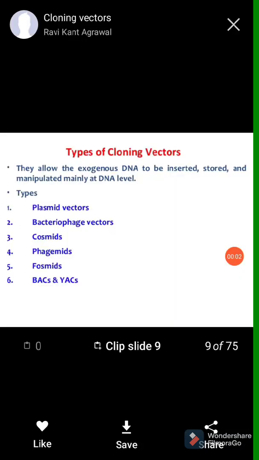So, coming to the types of cloning vectors, they are of the following types. I'll just give an introduction to these vectors, as you don't need to study them in detail, but we need to study only the Ti plasmid and the lambda phage vector. The first type of vector is the plasmid vectors. These plasmid vectors were the first vectors used in gene cloning.